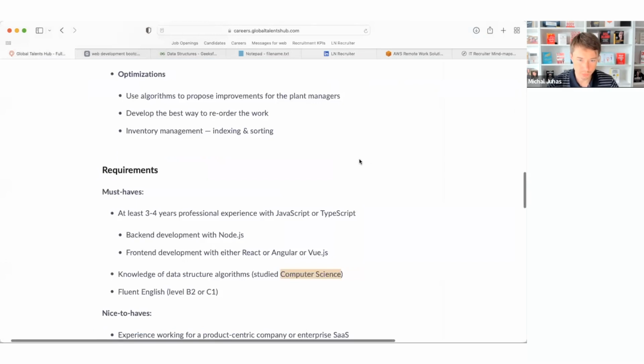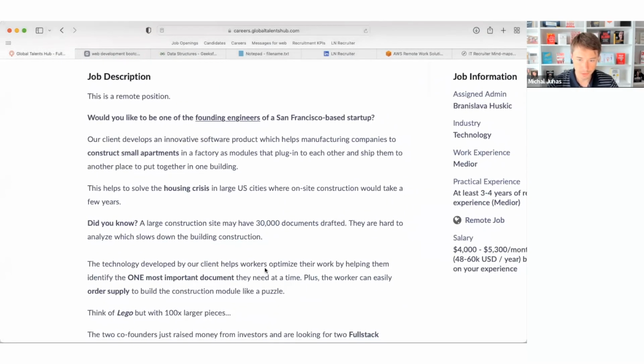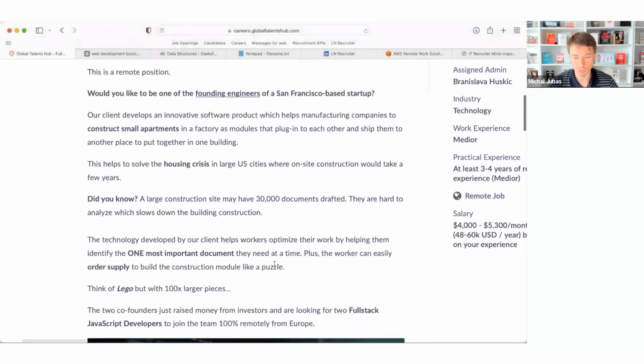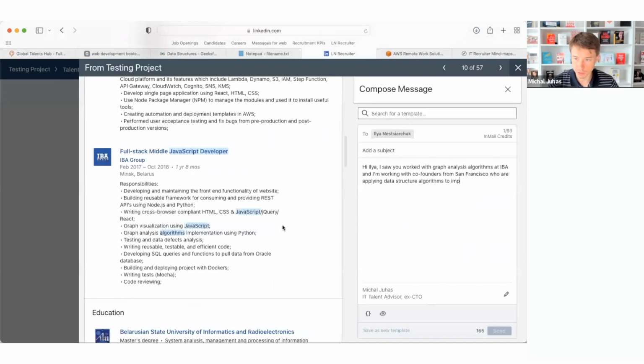Because how was it? Do you guys remember? To improve or to optimize constructions. Yeah, something like this. To optimize construction of apartments in the US.